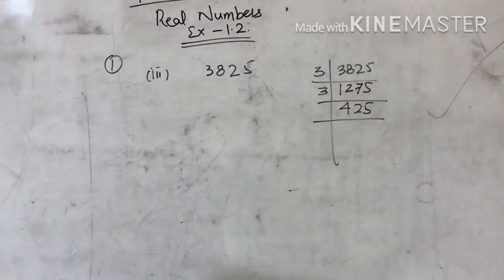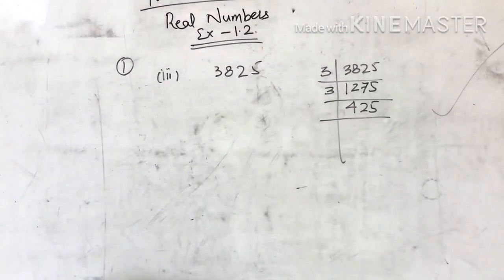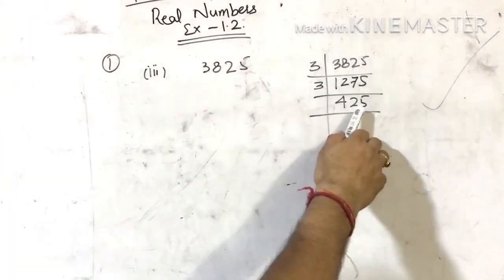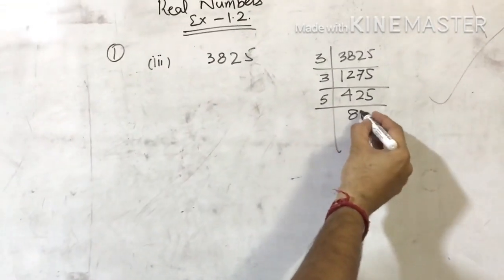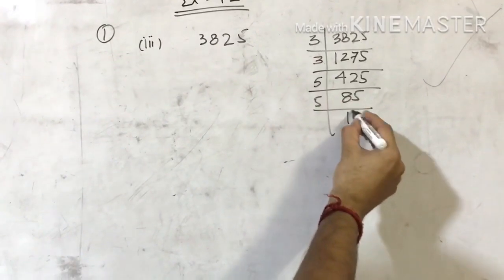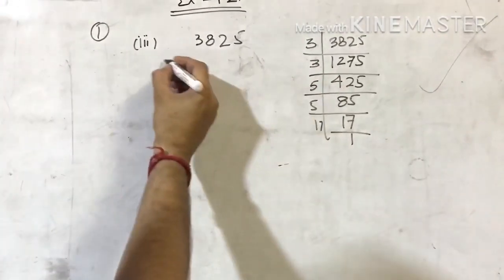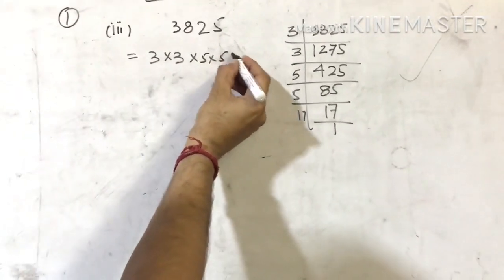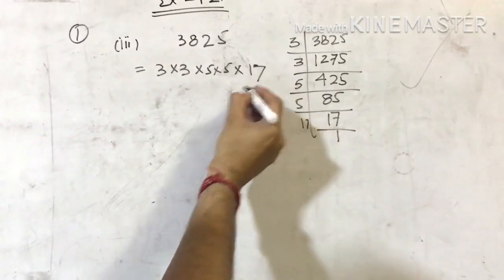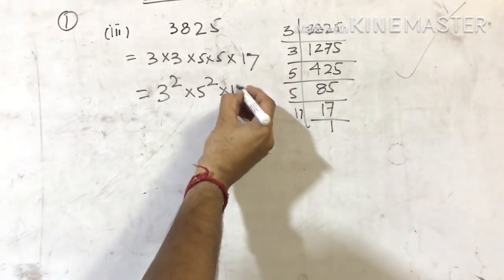Now you can see the sum is 11, 5 plus 2 plus 4, so it is not divisible by 3 anymore. Because its ending number is 5, you can divide it by 5, a prime number. Now you know 17 is a prime number, so the factors will be 3 into 3 into 5 into 5 into 17. So the answer will be 3 to the power 2, 5 to the power 2 into 17.